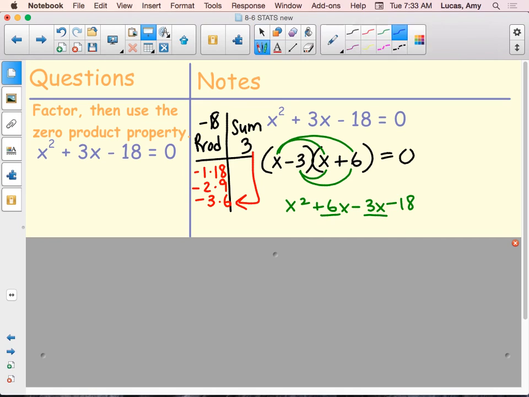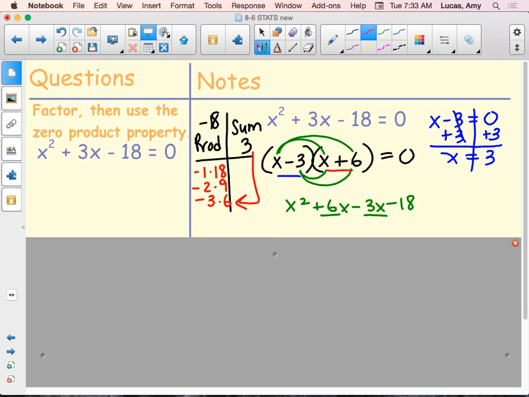Now comes the new part. Remember the zero product property, we said that if the answer is 0, then one of the things you were multiplying has to equal 0. So I'm going to set the first one equal to 0. So this one, x minus 3, set it equal to 0, and solve it. And you get the solution, x equals 3.